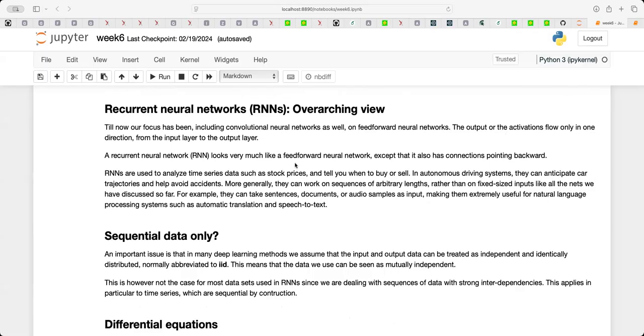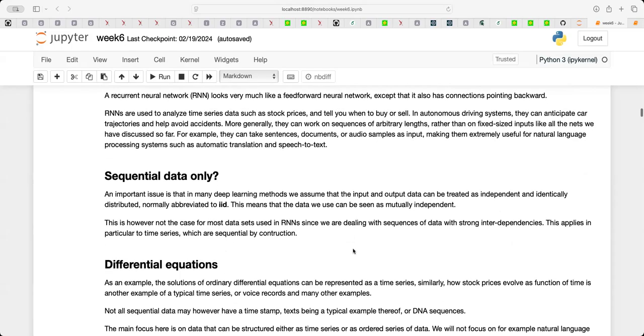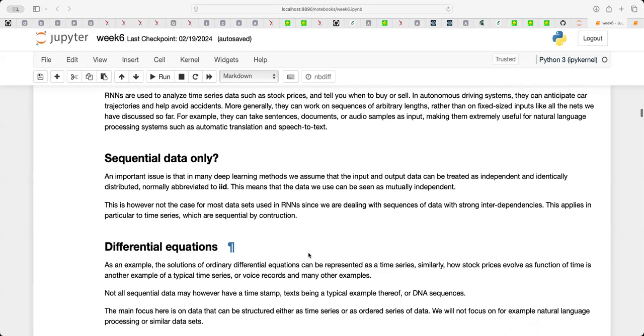That means that you can store information about previous times. And that becomes very important for many, many applications in science. So it's not only something you can use on sequential data, but they also have been used besides sequences with strong interdependencies. It has in particular been used successfully to study language models.